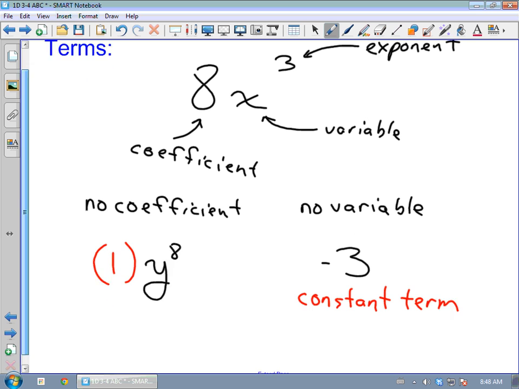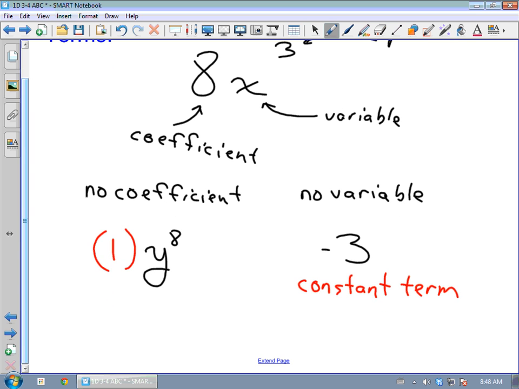Whereas y to the power of 8 can represent different things depending on the value of y when we sub it in. So we've got terms. We can have terms with no coefficients. We can have terms with no variables that are called constant terms.